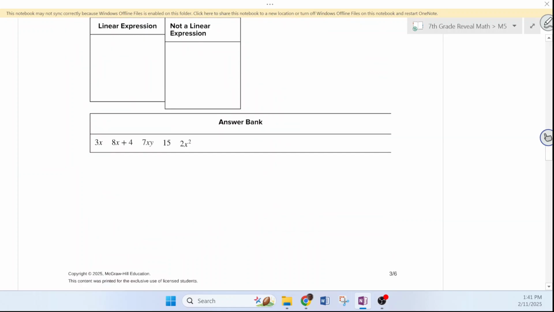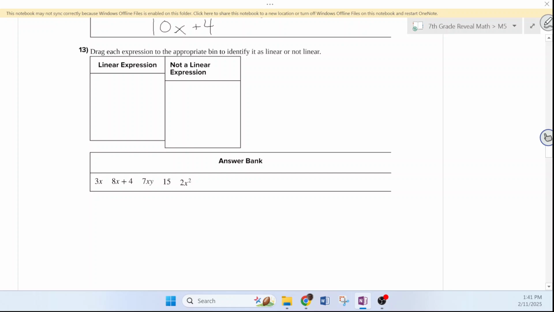Now this problem should be a slam dunk, but it's basically a memorization thing. Okay, it's linear or not linear. So we're looking at these 5 different expressions, and we're telling if they're linear or not linear. So it's not linear if 3 things could disqualify it.